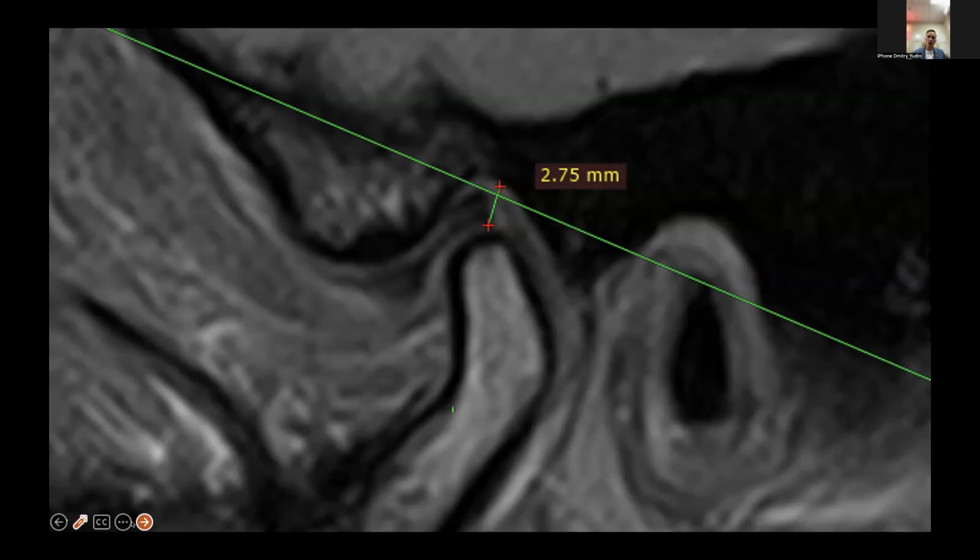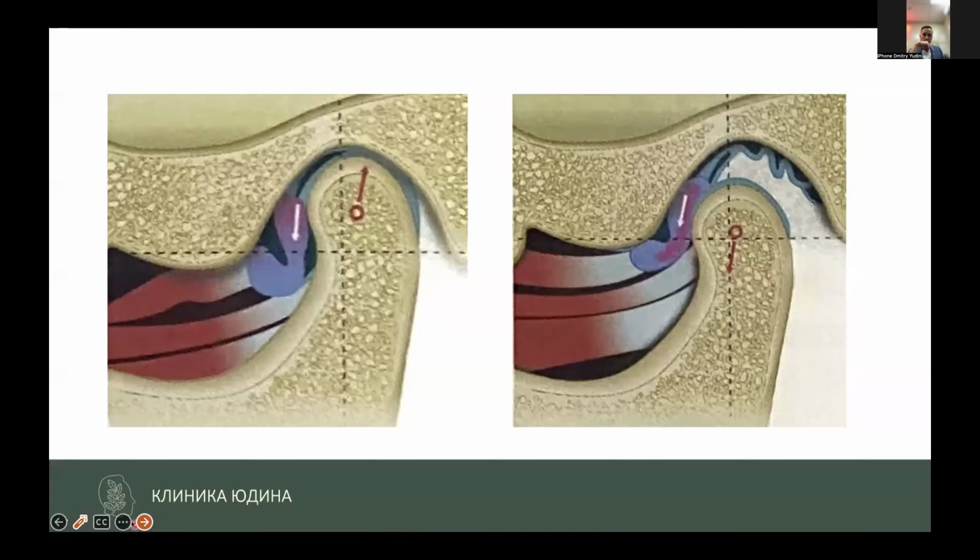So how can you create the position of the TMJ? What does your patient need in the individual case? Please, next slide. I show you the same situation. On the left side, this is a simple situation. The patient has a problem with the TMJ.